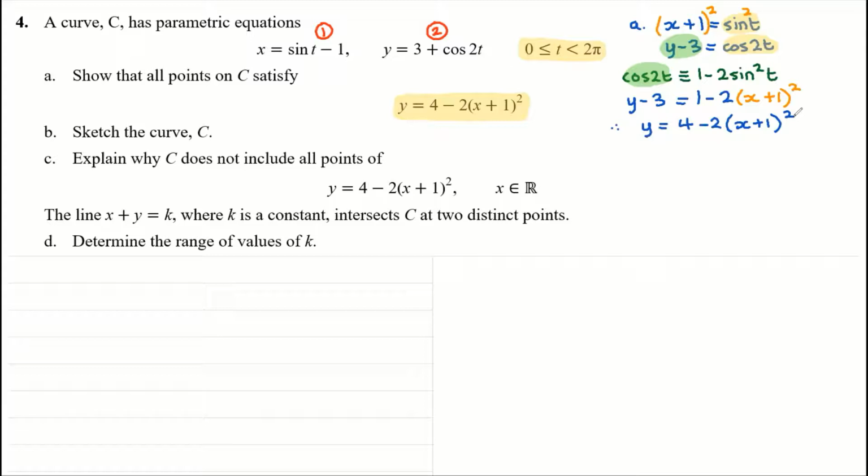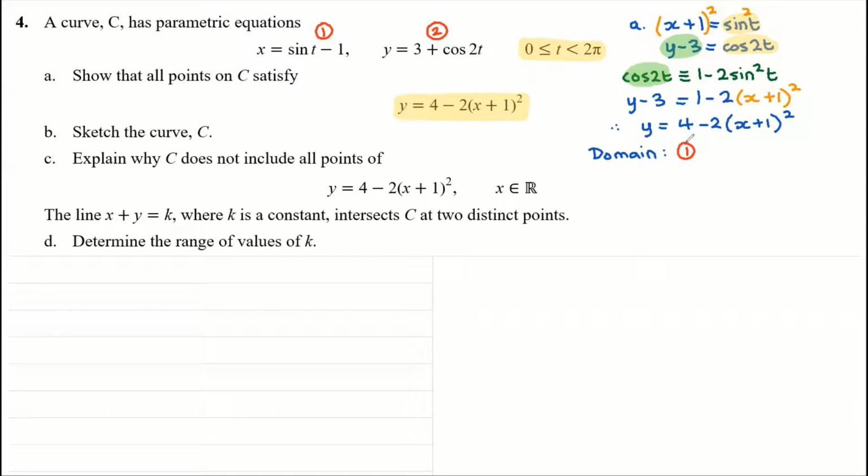Just something to bear in mind, of course, for the next bit, we're going to have to sketch this curve. Now, the curve C, I mean, this links to part C, is not the quadratic defined for all real values of t. So it's probably going to be a good idea right now to figure out what the domain and range are. So for the domain, we go back to equation 1 and we look at the maximum value and the minimum value.